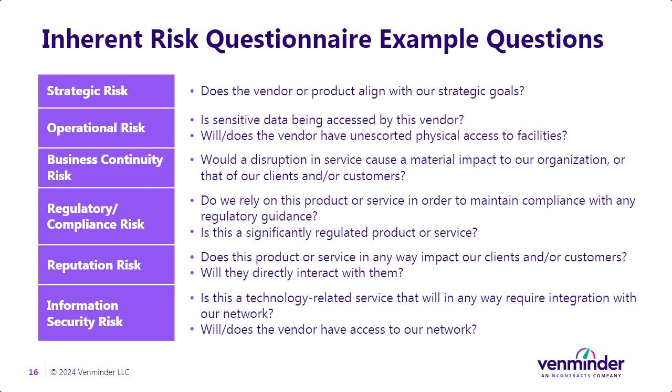Will or does the vendor have unescorted physical access to the facilities? Business continuity risk, would a disruption in service cause a material impact to our organization or that of our clients? Regulatory and compliance, do we rely on this product or service in order to maintain compliance with any regulatory guidance? Is this a significantly regulated product?